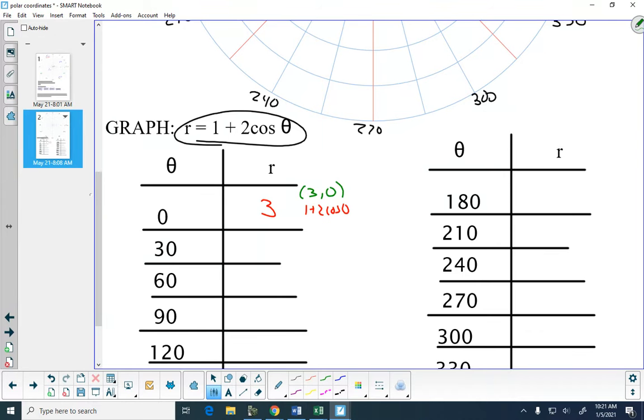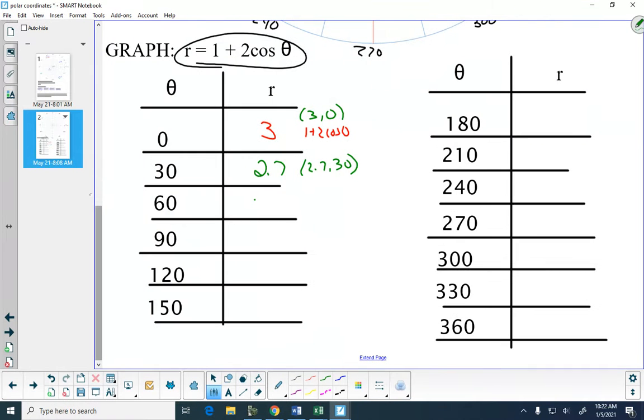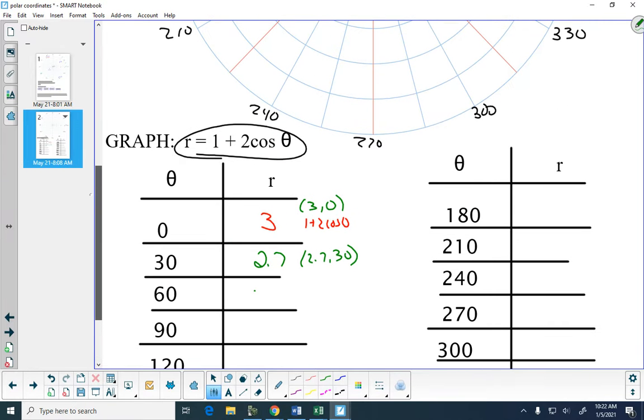If we put in 30 degrees, 1 plus 2 cosine 30, we get 2.7. So we have an ordered pair of 2.7 and 30. Go ahead and fill out the rest of these ordered pairs, these r values. Then I want you to graph each one of these ordered pairs.